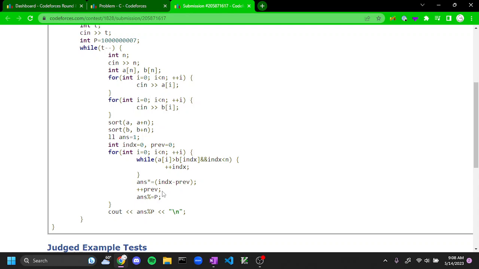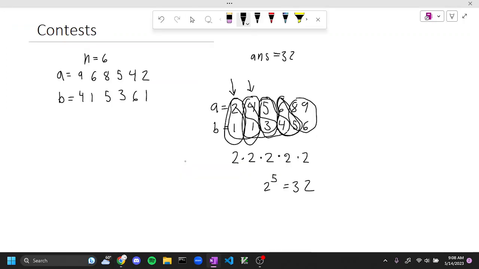And then while A sub i is greater than B of index, then that means that, let me rewrite the case, A is 2, 4, 5, 6, 8, 9, and B is 1, 1, 3, 4, 5, 6.